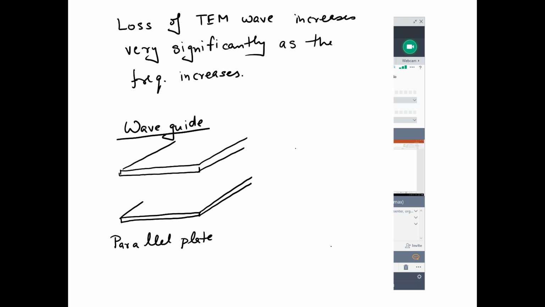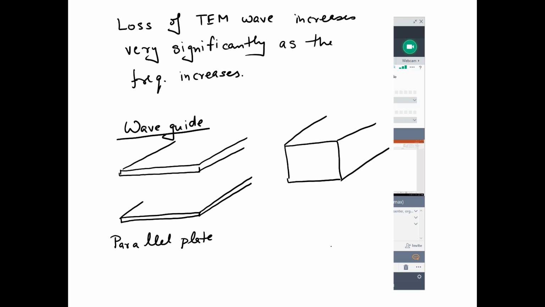We'll extend this later on to a rectangular waveguide. The first case is mainly a case of hypotheticals. It's a case of, hey, let's start building the math to see what we can do. The second case is what is used a lot.